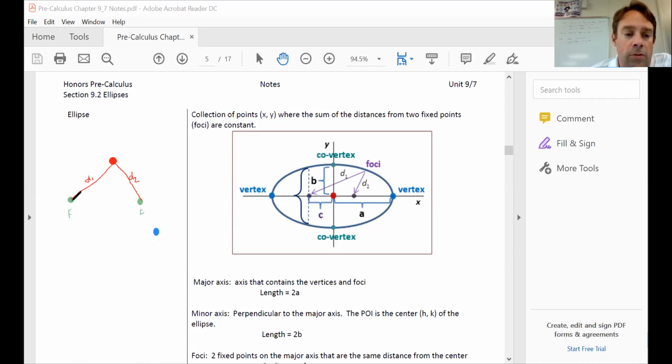If I were to add up both these blue lengths, they'd be equal to both the red lengths. Same thing if I have another point. Say, let's make it right here. The distance from this point to both the foci, so the two purple line segments would be the same as the two blue line segments and the two red line segments. If we were to add them all together, all those sums would be the same.